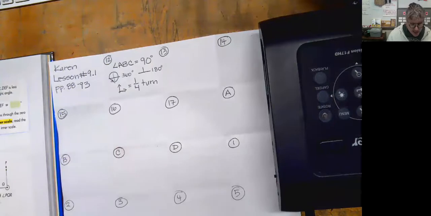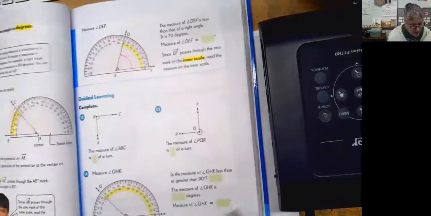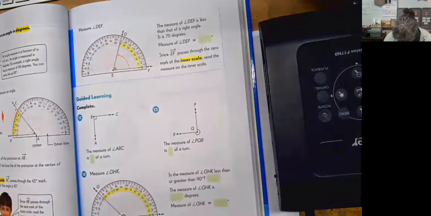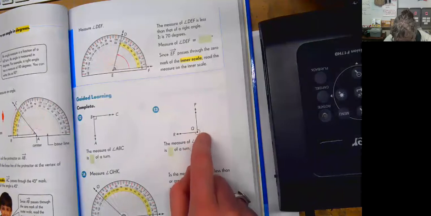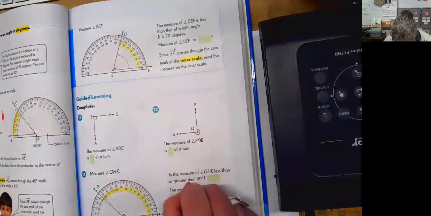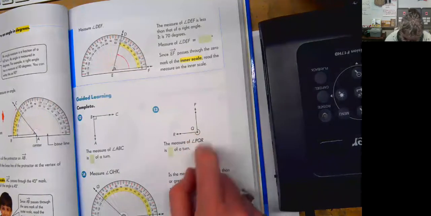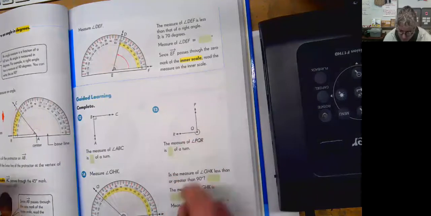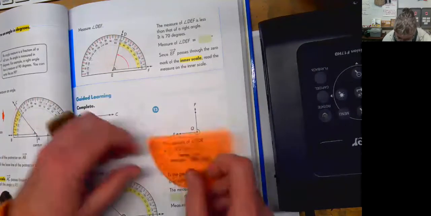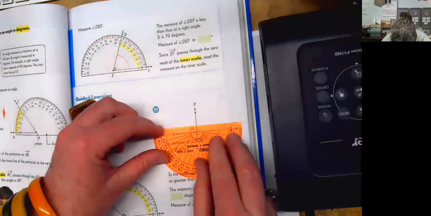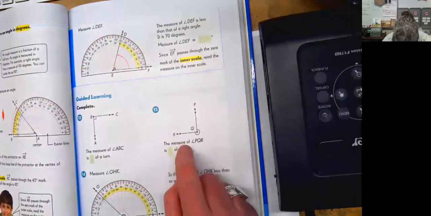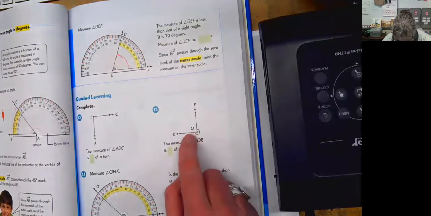Now, look at the next one. The next one's kind of tricky. So instead of wanting us to measure the inside of the angle, see where that circle is? They want us to measure the outside of the angle, right? So if I measured the outside of this angle, actually, I can't do that with my protractor, but I would say that this is how much of a turn?